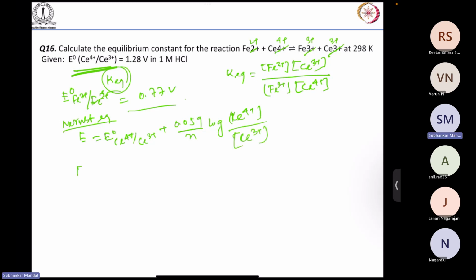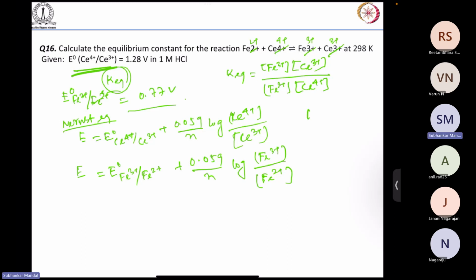For iron, what can we write? E standard of Fe3+/Fe2+ plus 0.059 by n log of Fe3+ by Fe2+.